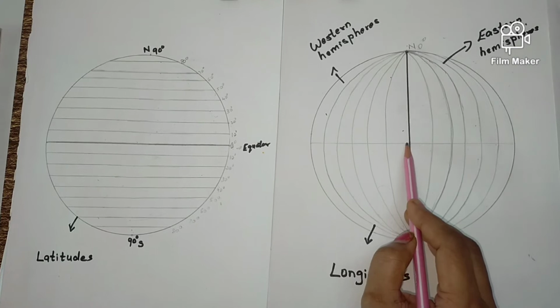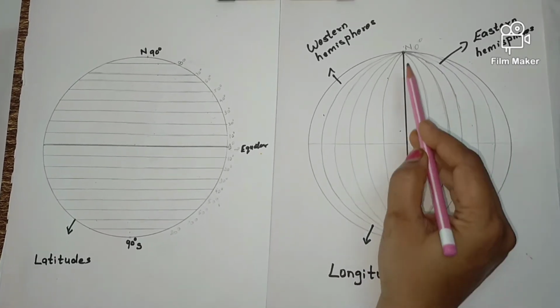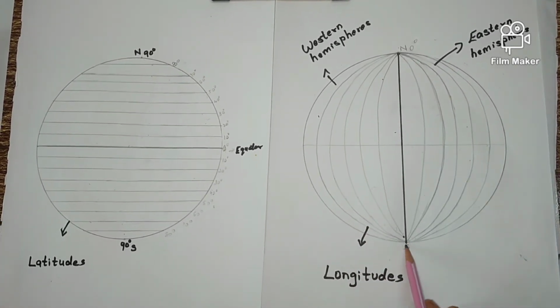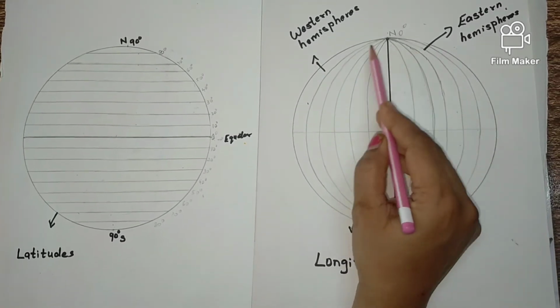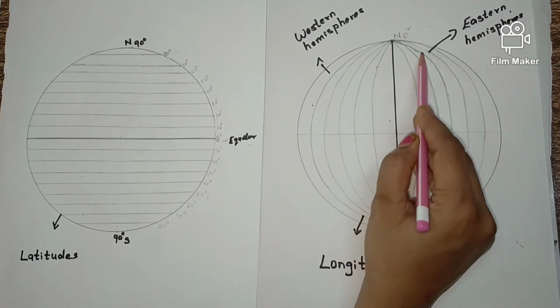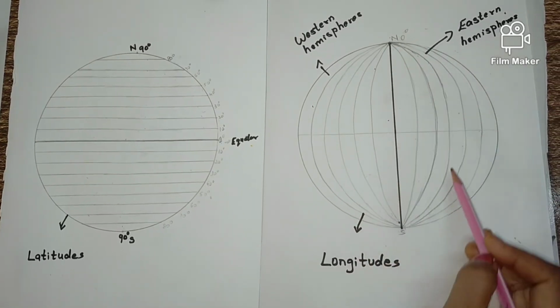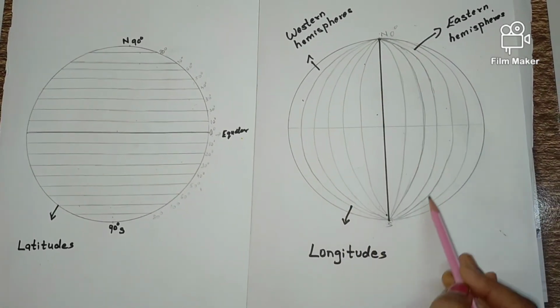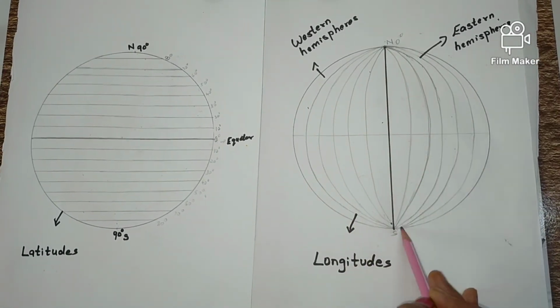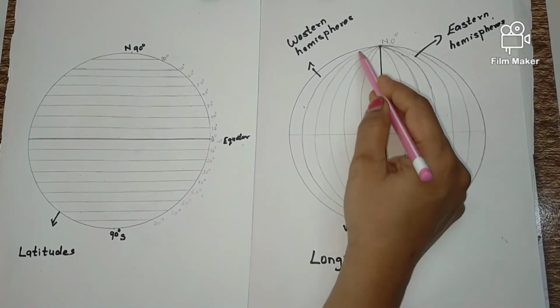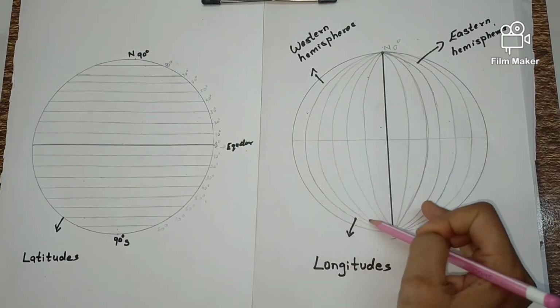Near the equator, the distance is more, but at the poles, the distance between the two meridians goes on decreasing. But the length of the semicircular line, the meridian, remains the same.